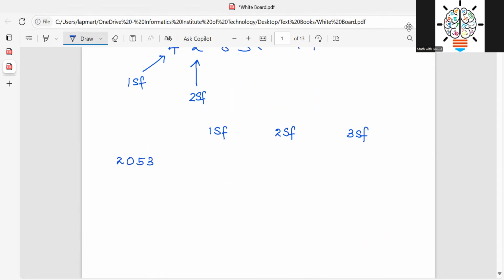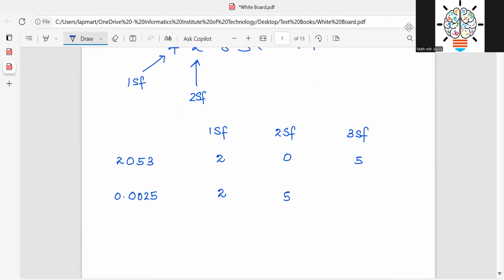What is the first significant figure? It is 2. The second significant figure is 0. The third significant figure is 5. If I have 0.0025, what is the first significant figure here? Again, 2 is the first significant figure and 5 is the second significant figure.